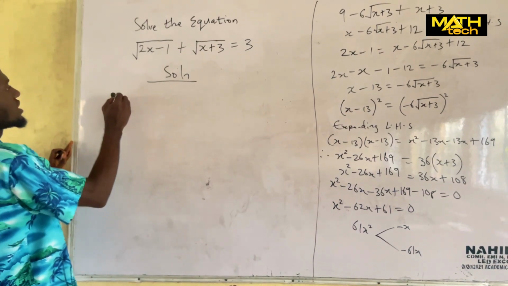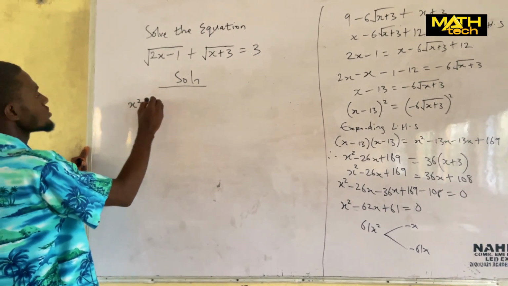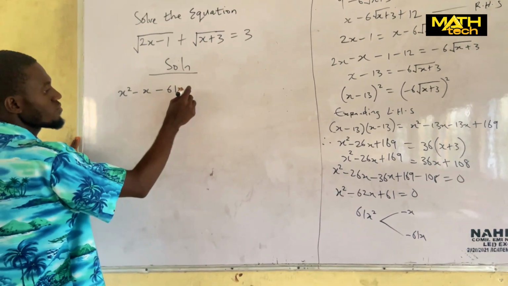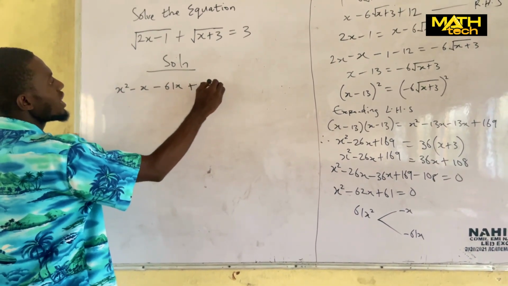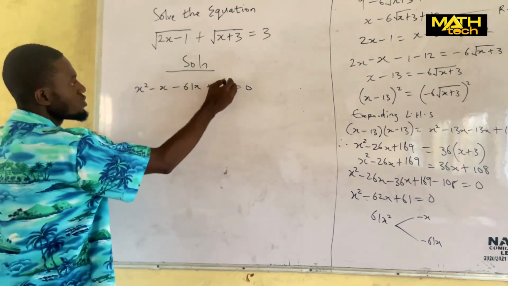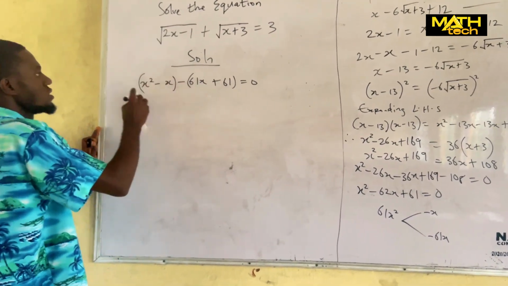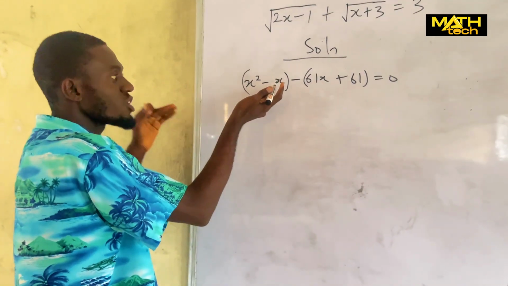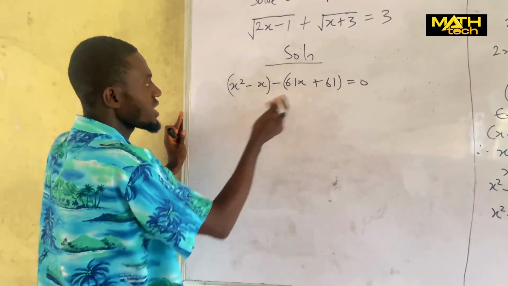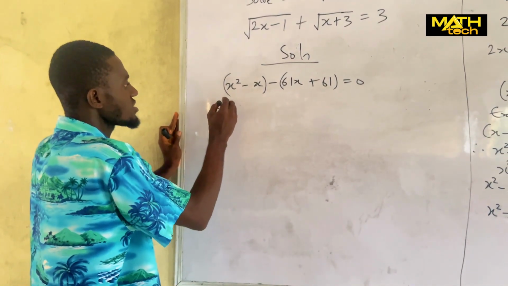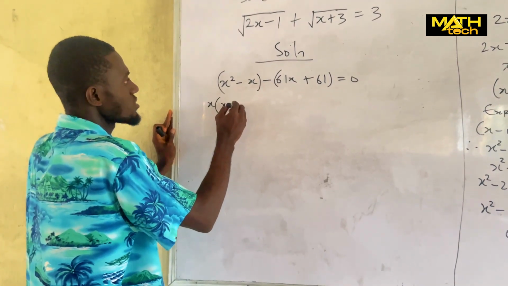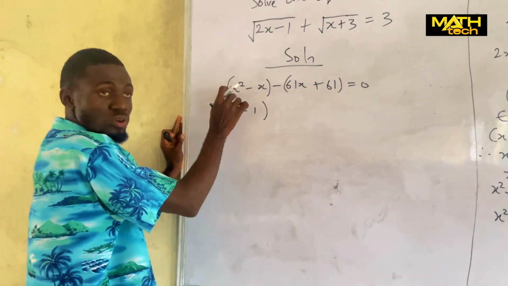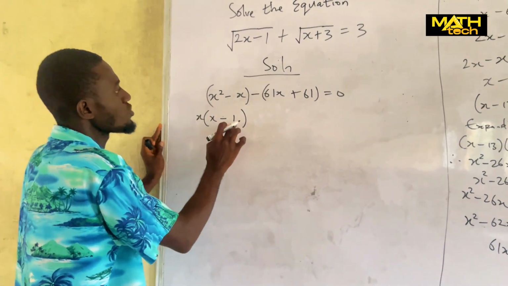So we use these two factors to replace the middle value, which is minus 62x, and therefore here we'll be having x squared minus x minus 61x plus 61 equal to 0. So we can group them, and we factor out the common factor from each of the brackets, and here we'll be having x into x minus 1, because this is same as this. x times x is what? x squared, and x times minus 1 is what?